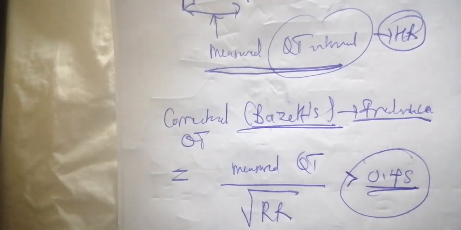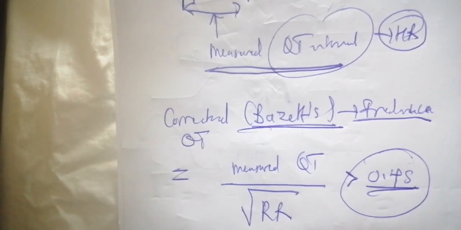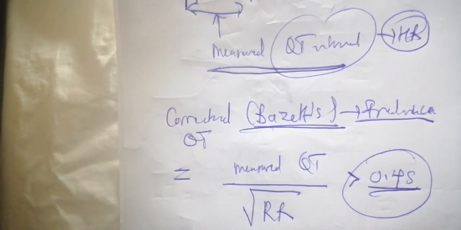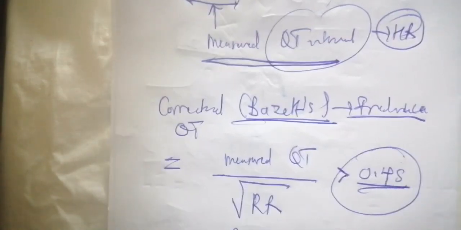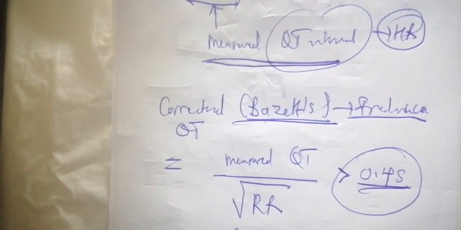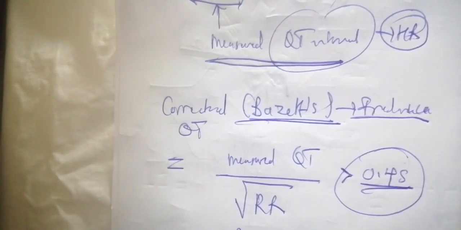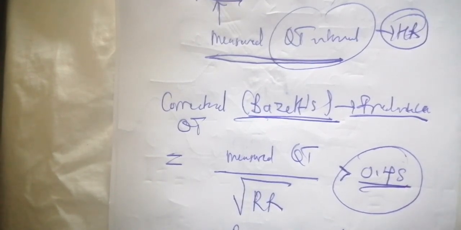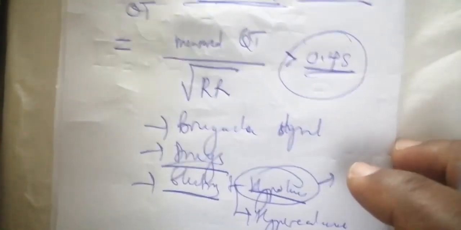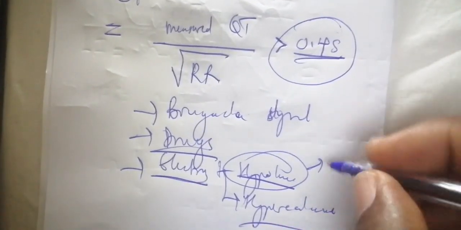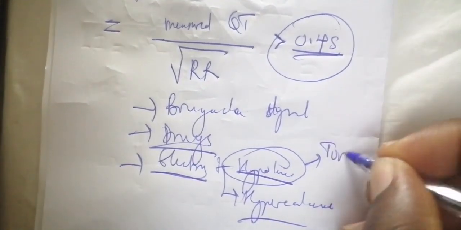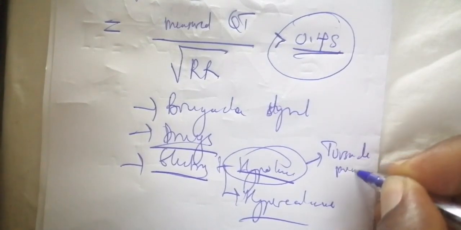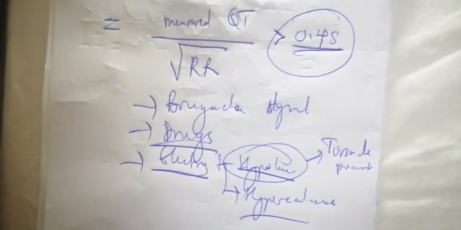Other causes of prolonged QT interval are electrolyte imbalances, particularly hypokalemia and hypercalcemia. What is much more deadly is the hypokalemia, which can result in the formation of what is called torsades de pointes. Torsades de pointes is a prolonged QT interval associated with a polymorphic ventricular tachycardia.